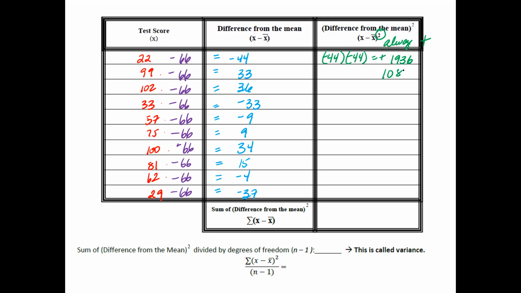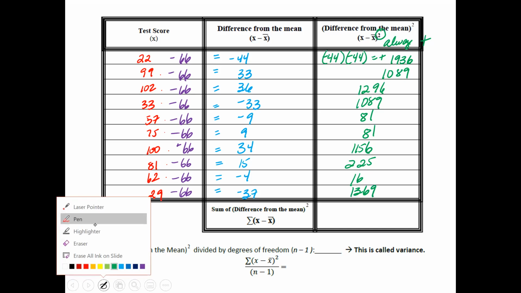Next one is 1089, 1296, 1089, 81, 81, 1156, 225, 16, and 1369.